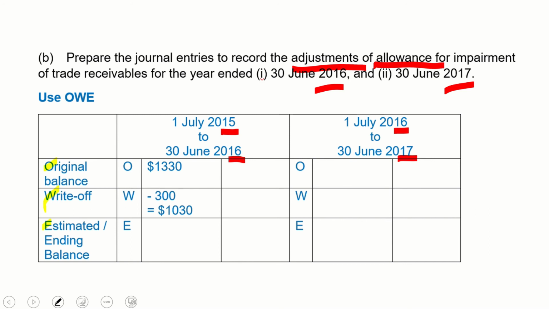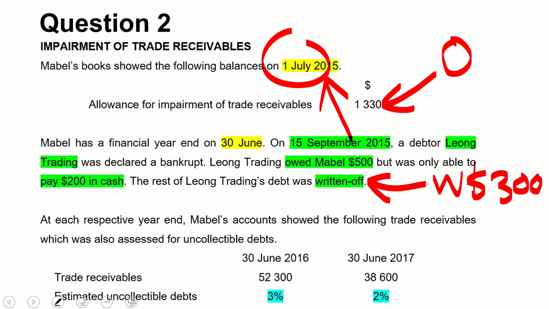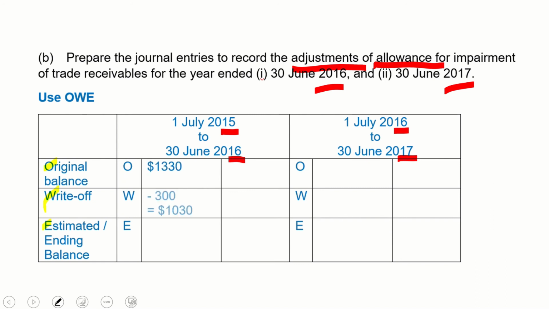But what is the estimated or the ending balance that you want? You go back to the question again, you can see that on the 30th of June 2016, Mabel estimated that her uncollectible debts is 3% of trade receivables. So 3% of 52300. So that is your estimated, what you want.